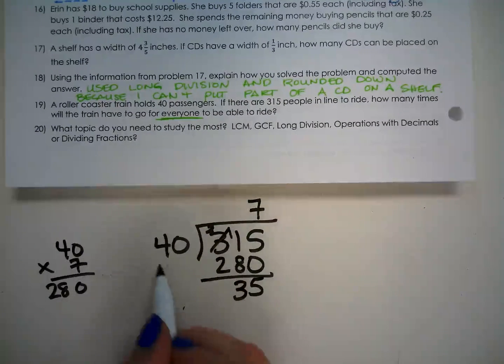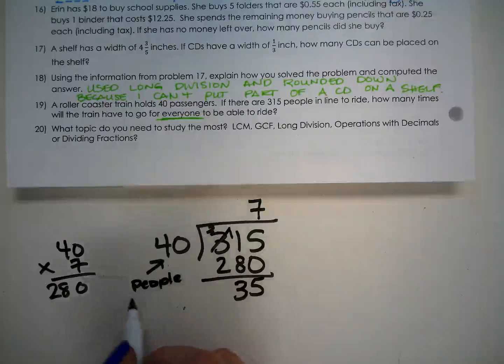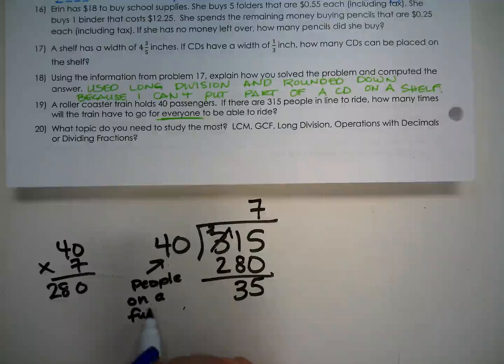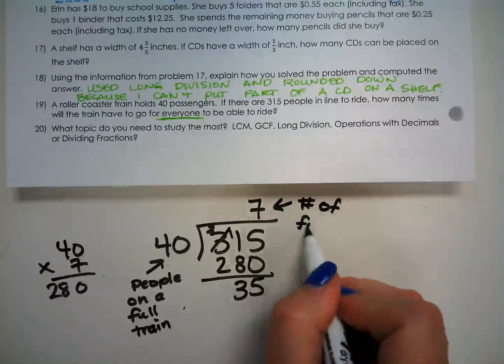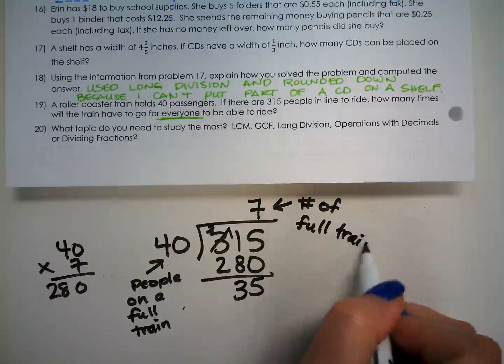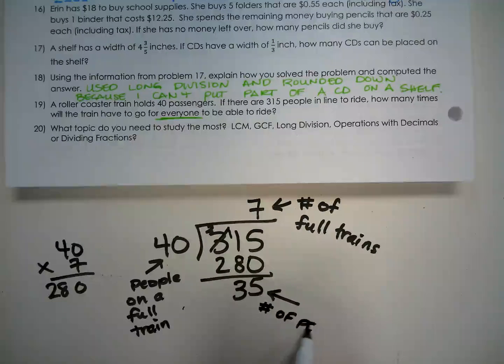Okay, so let's talk about this. This is people on a full train. This is the number of full trains. This is the number of people who still have to ride.